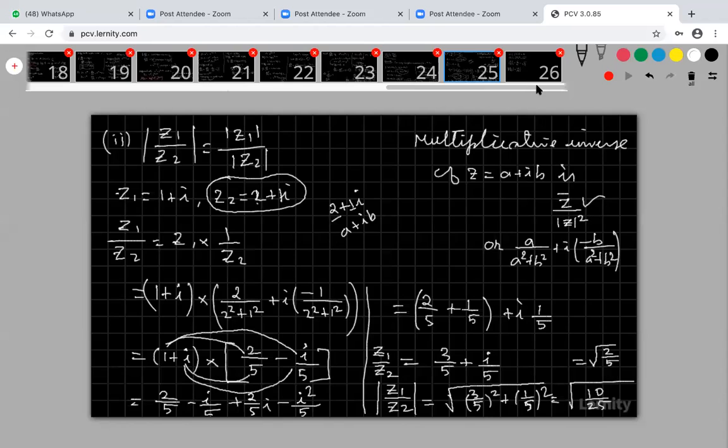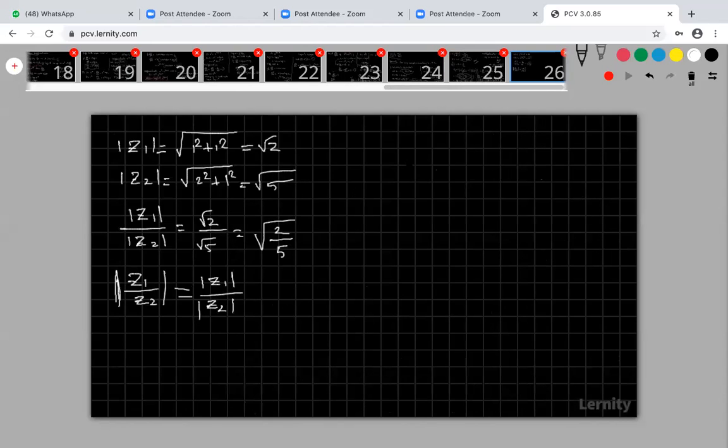Rahul, please try to understand, your Z is equal to A plus IB. Your magnitude is root of A square plus B square alone. Don't consider this I. This is my real part, this is my imaginary part. You just take a square of the real part, take a square of the imaginary part, add these two and take a root.